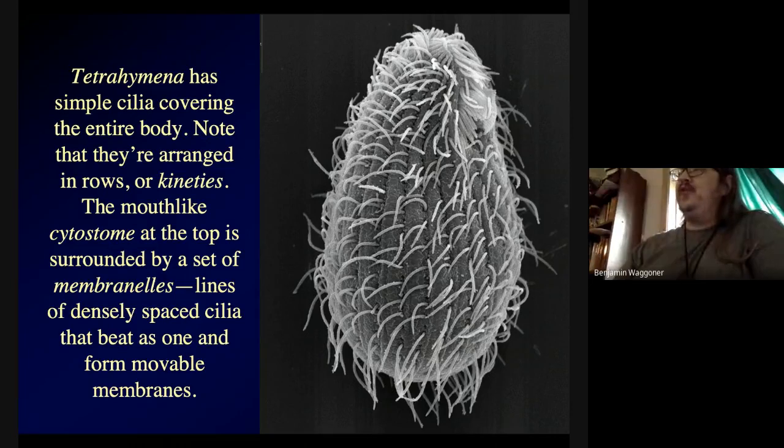And those cilia are so close together that they essentially beat as one, and they're called membranelles. They're not truly a membrane, but they're packed so tightly together and they beat in sync that they essentially act like a membrane, a thin extension flapping back and forth as a unit. And tetrahymena means four membranes because this particular genus has four membranes surrounding the cytostome. Right.